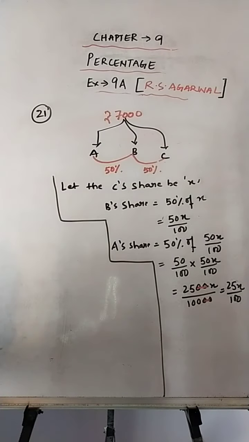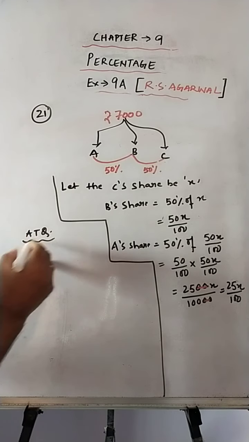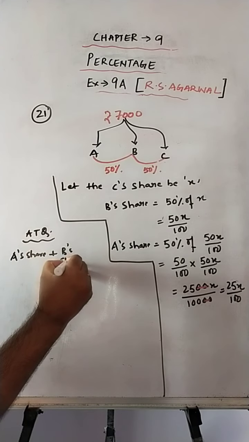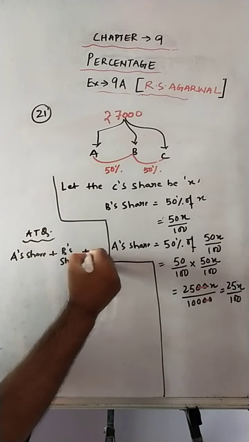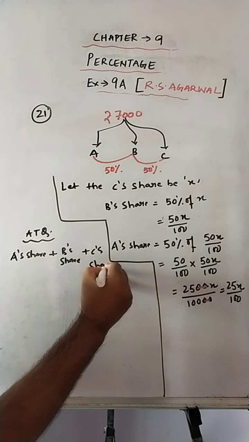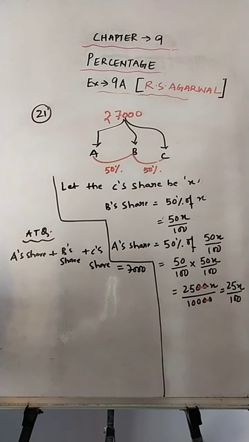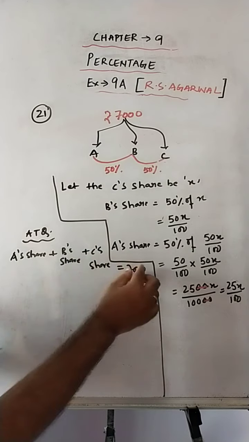So according to the question, we'll write A's share plus B's share plus C's share would be equal to 7,000.